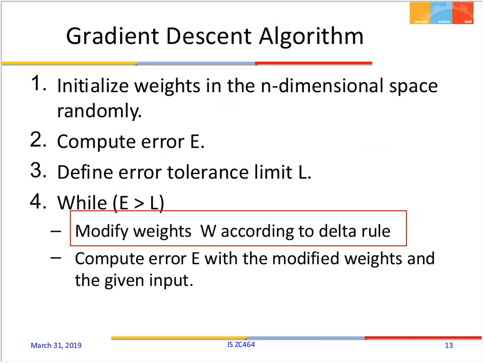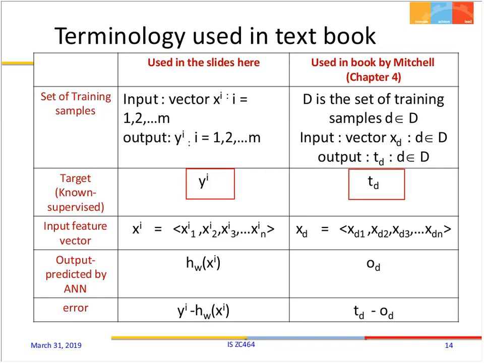Of course, the terminology I have taken is YI, while in your Mitchell book, if you read, you get TD. TD is the output, and the input vector is defined as XD. The input vector I have taken here in my description is XI. So it doesn't make any difference. I'm presenting this here so that you can correlate your understanding through the slides with your textbook reading.